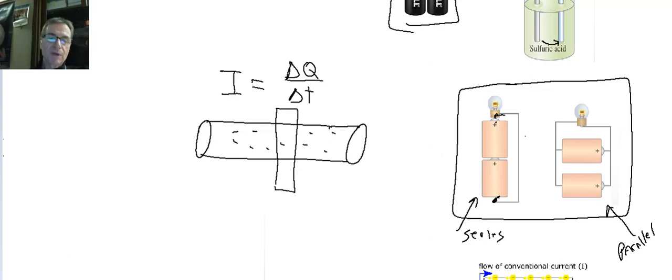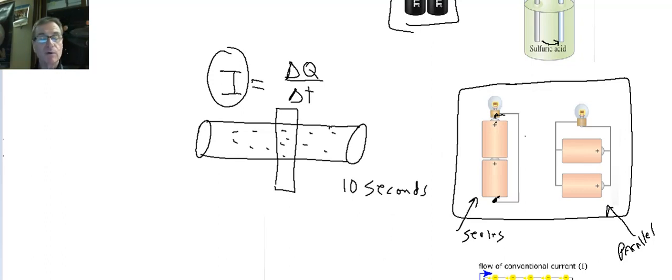If I could count the number of electrons that pass through my window in a given period of time, I could determine what the current was in that particular time. So for example, if I had this window and I was able to make these observations and I recorded that in a particular time of, let's see, we'll make it 10 seconds. All right, so a 10-second window, if you will.